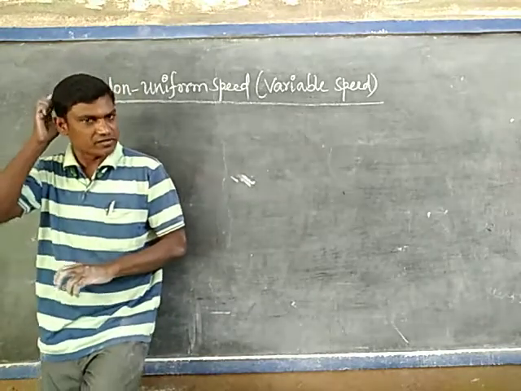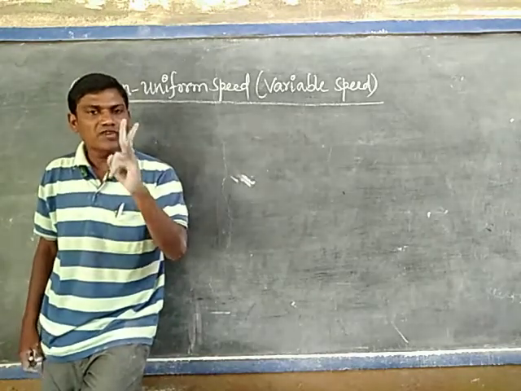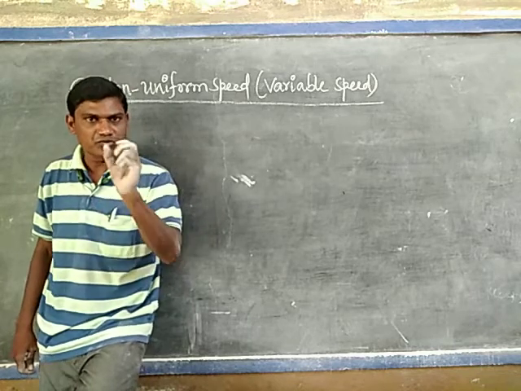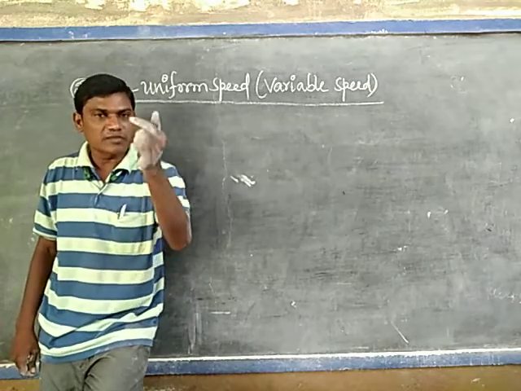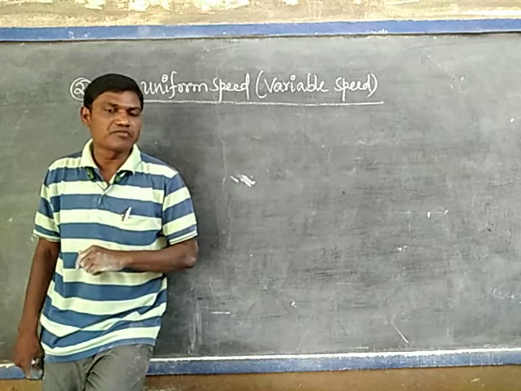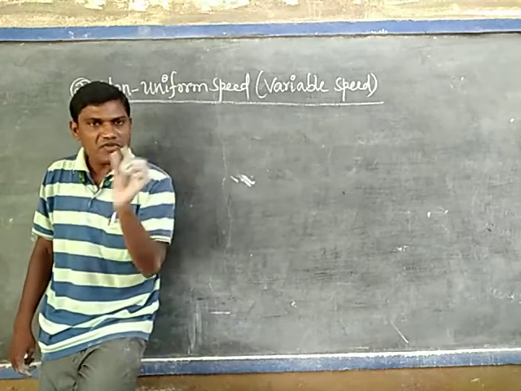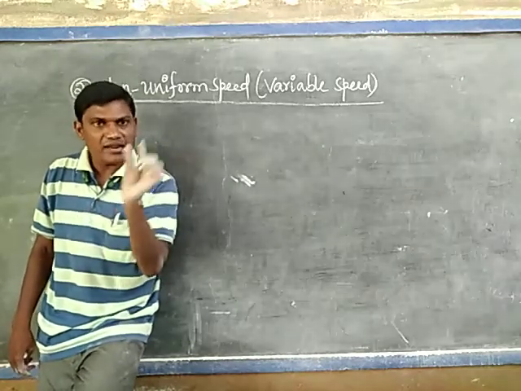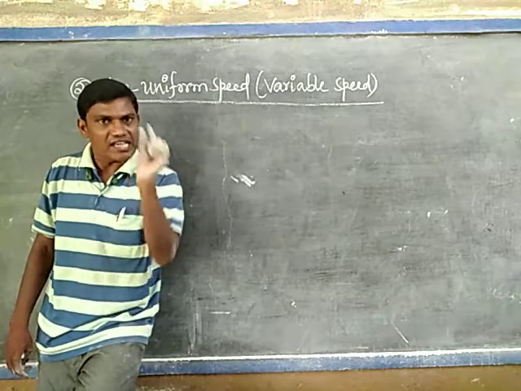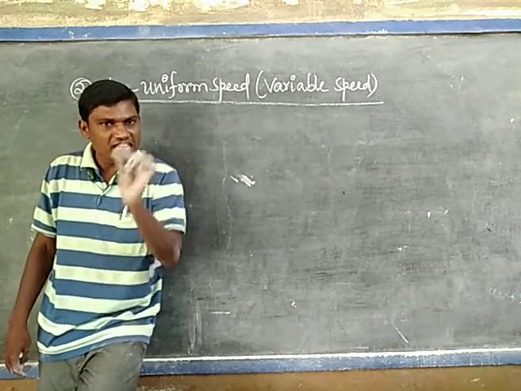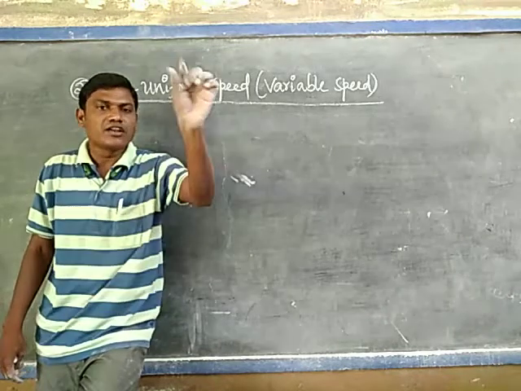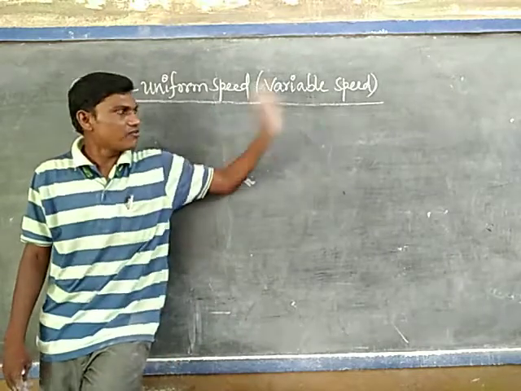Listen very carefully. There are two ways you can explain the definition of non-uniform speed. First, if a body covers unequal distances in equal intervals of time, then the body is said to be in non-uniform speed or variable speed.